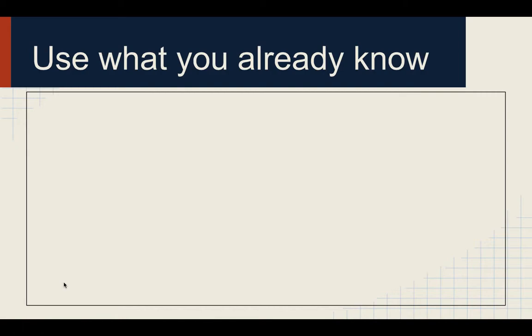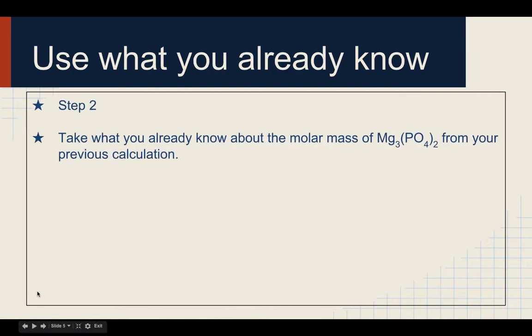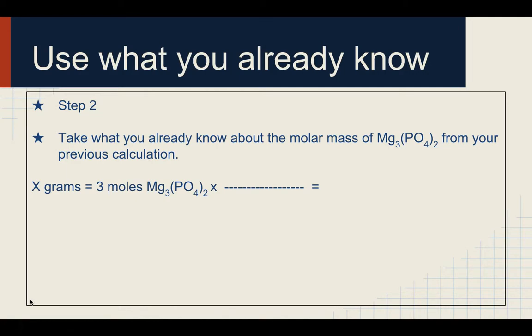So with that information, let's use some things we already know. We already know the molar mass of Mg3(PO4)2 from yesterday and from what we did earlier. So if I take my X grams equals 3 moles, notice I did this times line thing. What that means is that I'm going to try to cancel out these moles. So the first thing I do is I put 1 mole on the bottom, and I put 262.87 grams on top.